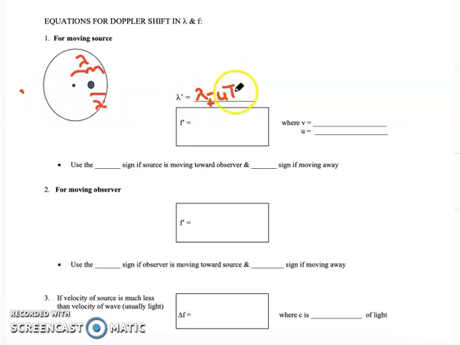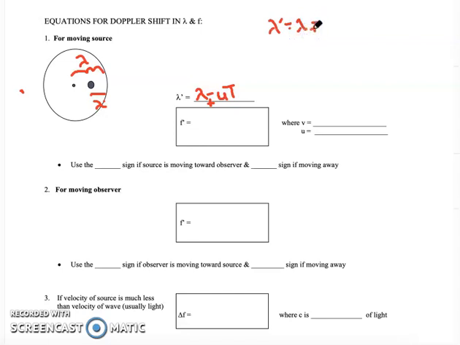Okay, so I want to take out the period part and just look at this shift in wavelength based on the speed of the wave versus the speed of the object. So we can do a fairly simple demonstration. I'm going to start again up here. I've got lambda prime equals lambda, and I'm going to use the minus plus.